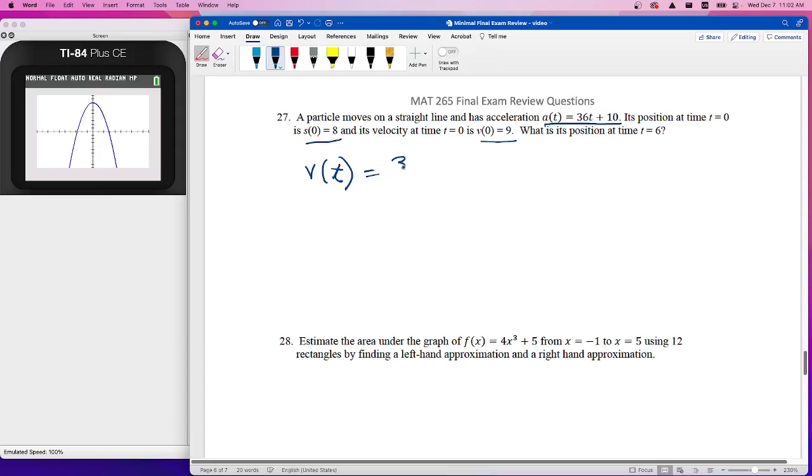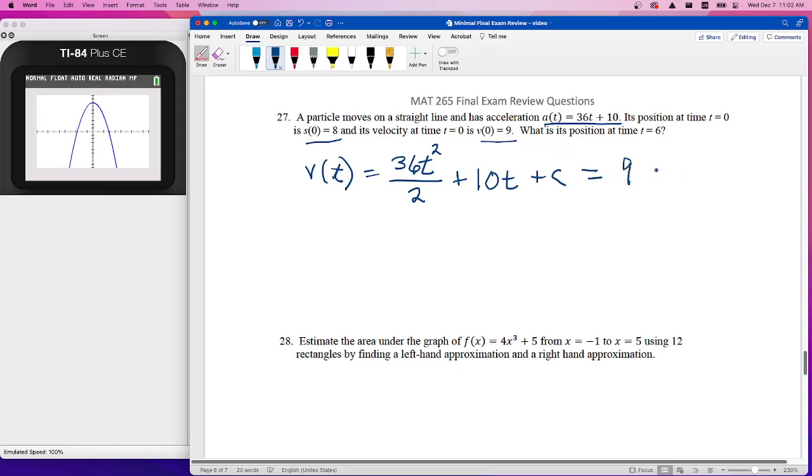I like to do it this way: 36 t squared divided by the new exponent, and that will reduce, plus 10t, because the antiderivative of a constant is that times t, plus a constant, right? But they tell us that when t is 0, the whole function has to equal 9.